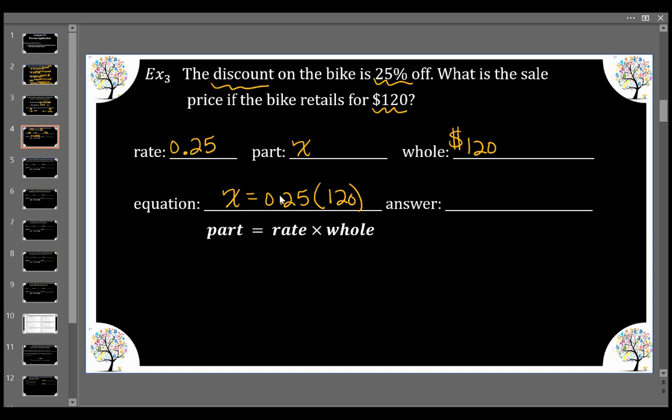And when we multiply, X equals 30, which is $30. Now the question is, what is the amount of the bike at the end of the sale? So we're going to subtract the 30 from the original, and the actual sell price is $90 for the bicycle. So 25% of 120 is 30, which is the discount amount, and then the final sell price is $90.